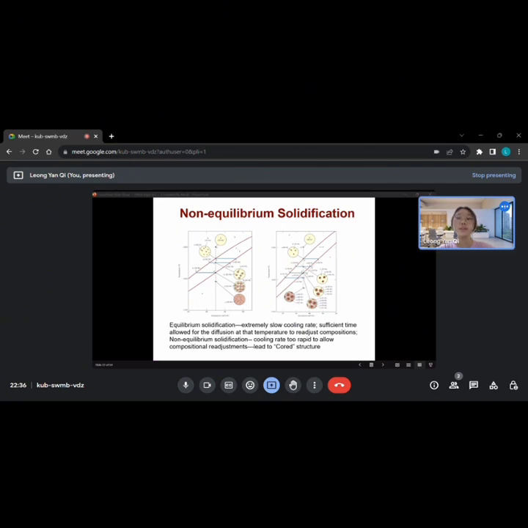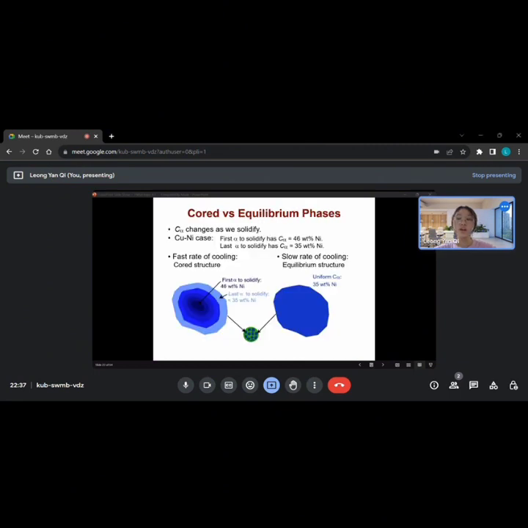Hence, there are multiple cores of different weight% of nickel in the microstructure as they solidify before readjusting to the next nickel composition. On the other hand, there are no cores in the equilibrium structure as there is sufficient time for uniform diffusion at the different solidification temperatures.